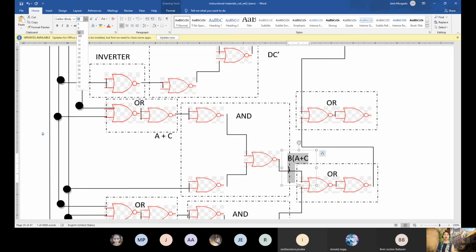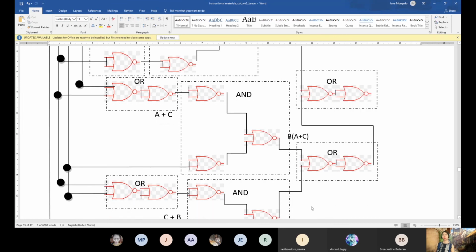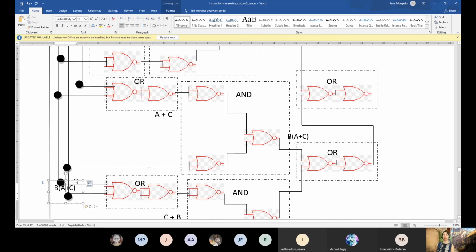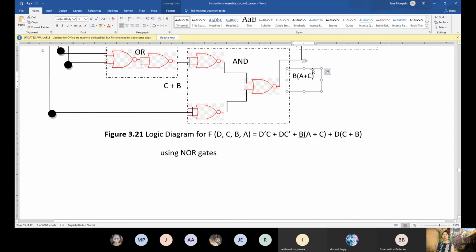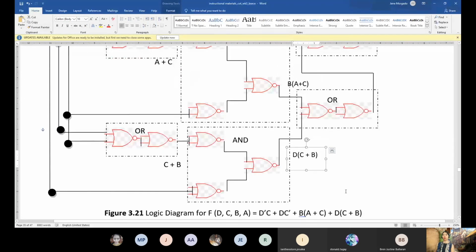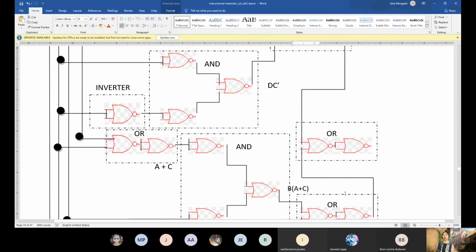And what else? D. We have D times C plus B. And then OR.